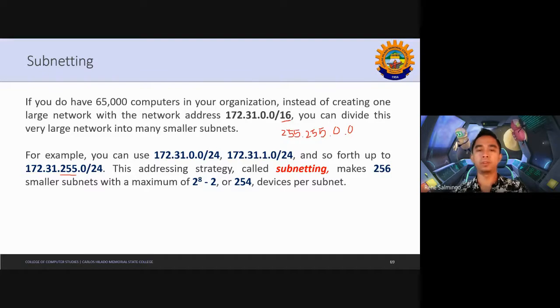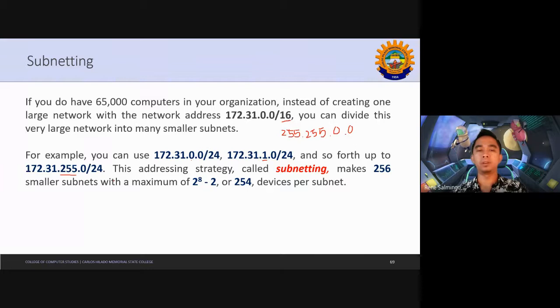On each value, you could perform specific subnetting procedures. This addressing strategy is called subnetting. It makes 256 smaller subnets. As you notice, you start from 0 and you end at 255. So 0 is counted as 1, and 255 is your 256th subnet.